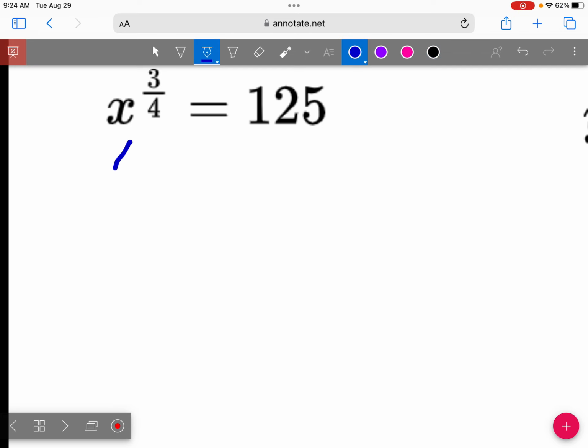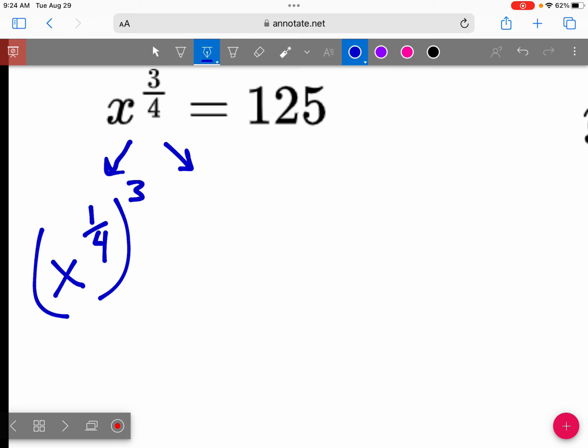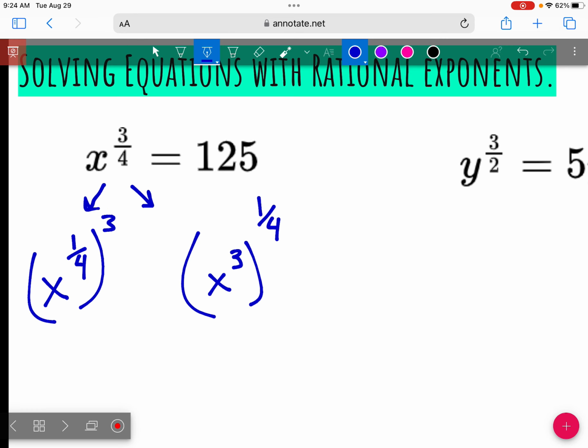There are two ways to think about x to the power of 3/4. We can think of it as x to the 1/4 cubed, or x cubed to the 1/4. Because remember, whenever you have a power of a power, you can do that.